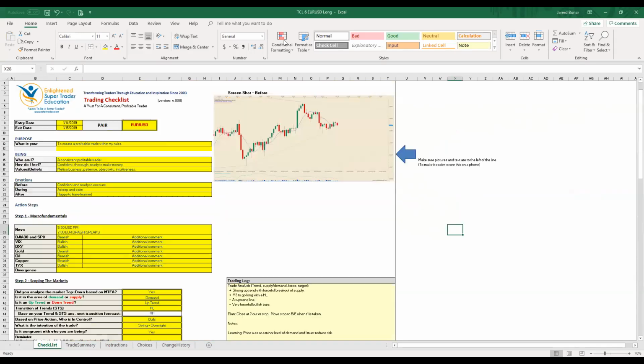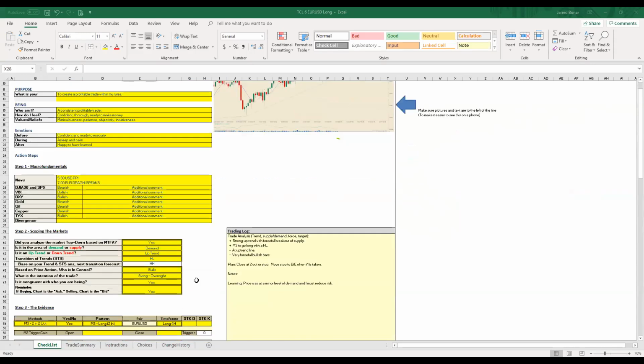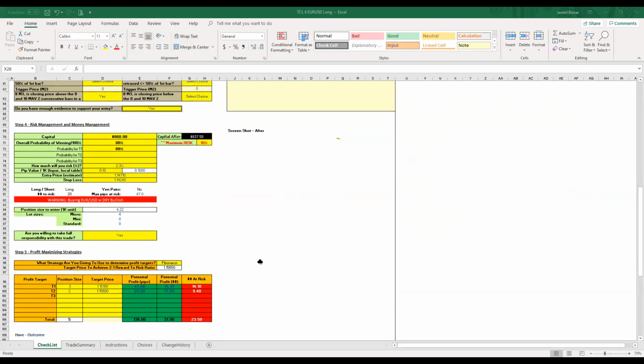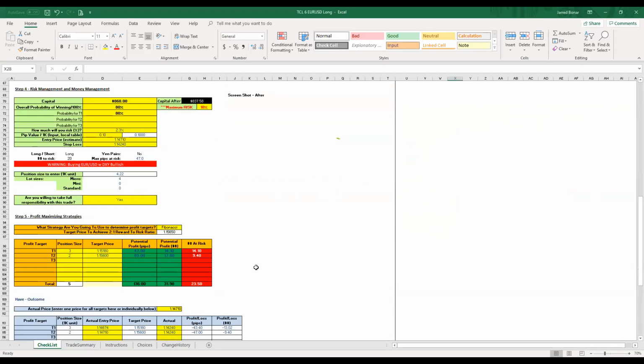Right there, this one closed all the way down to the stop. Just one big red bar. So that one, minus 23 bucks. So I made 13 on that first one. I didn't take any trade on the second one. This one put me down a total of minus 10.